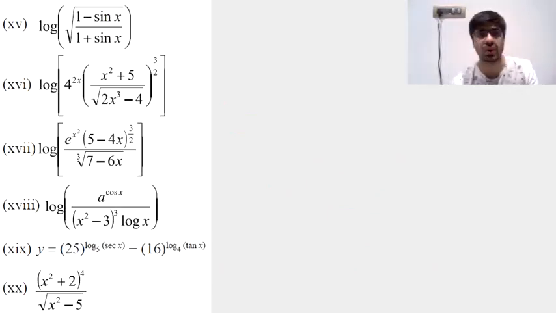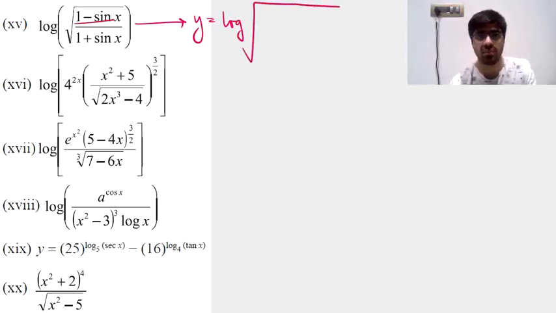Continue with the 15th one. This is a simplification we have done once in one of the previous questions. So you can say this is log of root over 1 minus sine. So you can write it as cos square x by 2 plus sine square x by 2 minus 2 sine x by 2 cos x by 2, divided by a similar thing in the denominator.